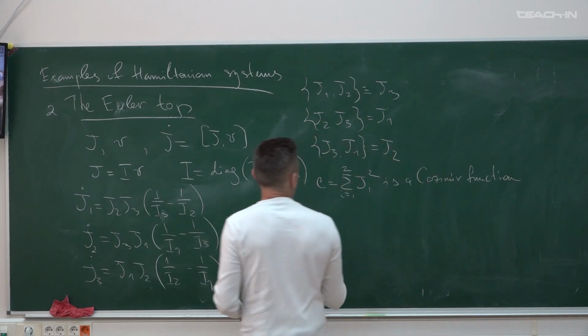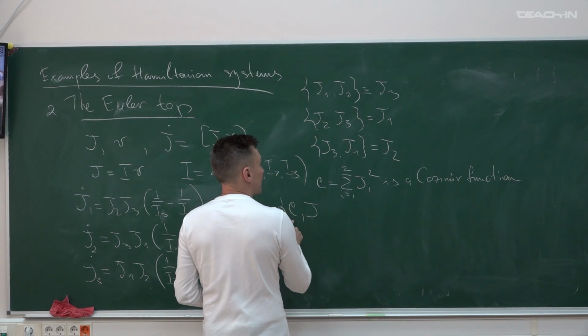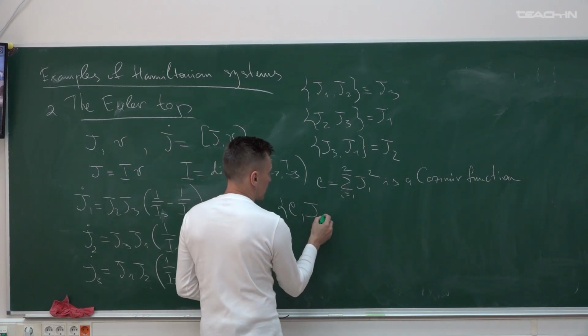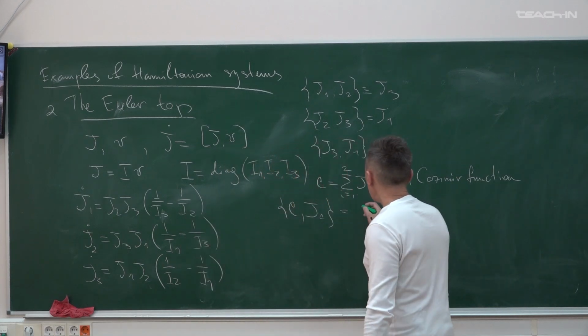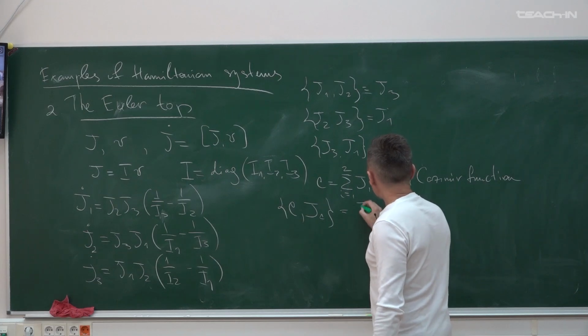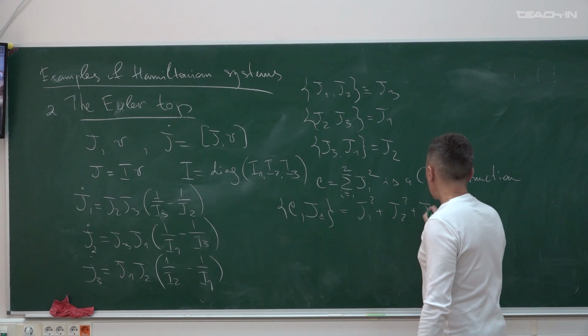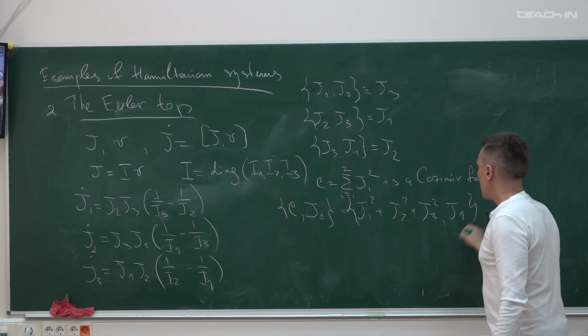I will calculate it directly. I will calculate the Poisson bracket of this C with J1: J1 squared plus J2 squared plus J3 squared with J1.